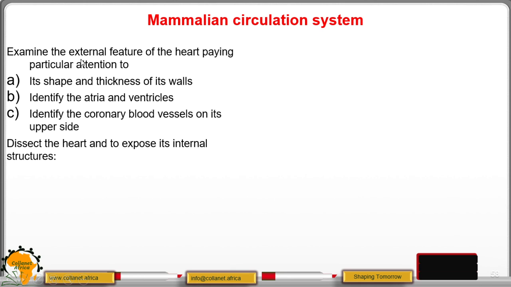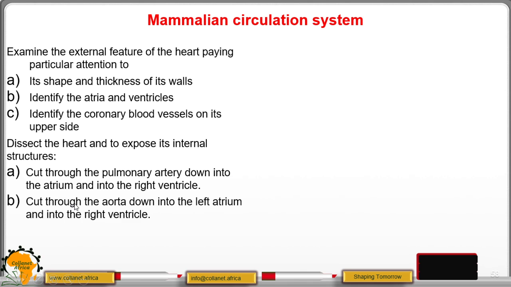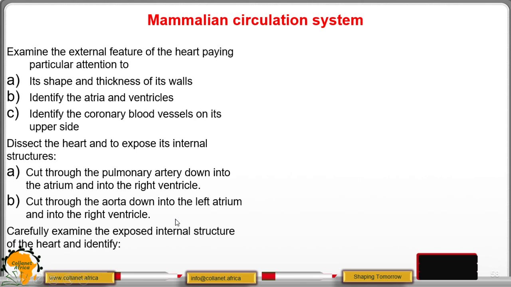And then after having seen all those external parts, you have to dissect the heart to expose the internal structure of the heart. Then cut through the pulmonary artery down into the auricle, then into the right ventricle. Cut through the aorta down into the left auricle and then into the left ventricle.